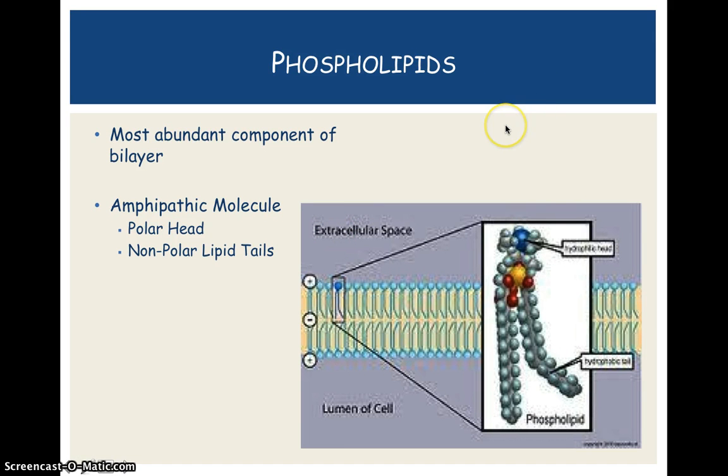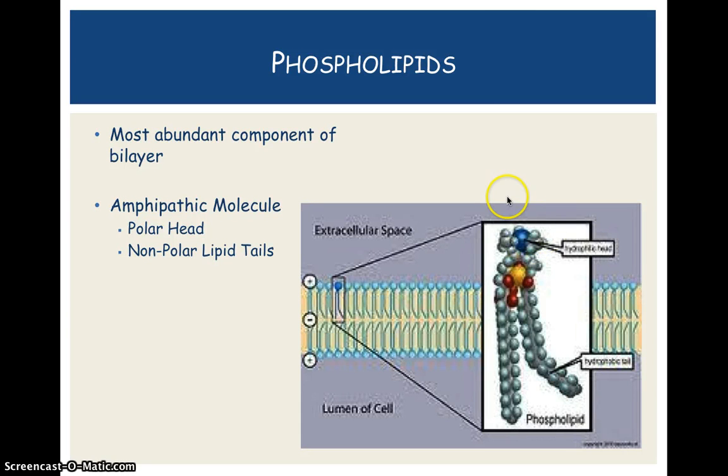Here, phospholipids are the most abundant part of the bilayer. They are made of the polar head and the nonpolar tails. The polar head is hydrophilic, which means it is water-liking or loves water. And the nonpolar tails are hydrophobic, which means they are afraid of water.